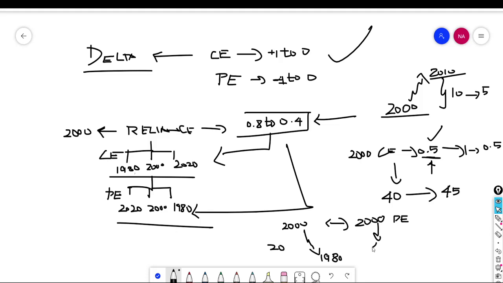Let's assume the option premium is 45, and the put option delta will be in minus. Let's assume 0.5, again minus 0.5. So the stock price has gone down by 20. That means for a 20 points down move, the option will move 10 points, keeping 0.5 as the minus delta. This is an approximate calculation.